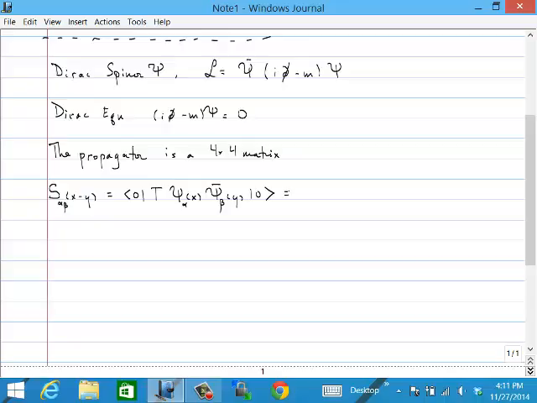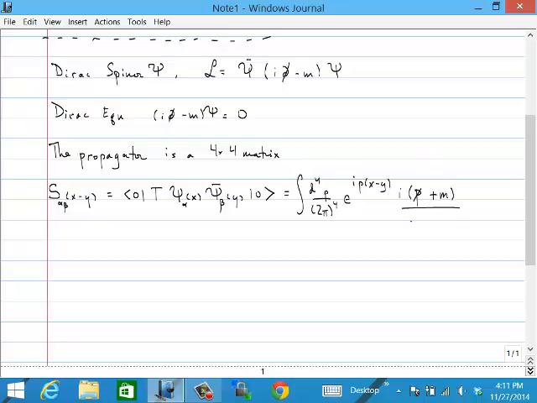And last class, we derived an explicit expression for this propagator in momentum space. It's a 4x4 matrix that's given elegantly in terms of this Dirac slash or Feynman slash notation.